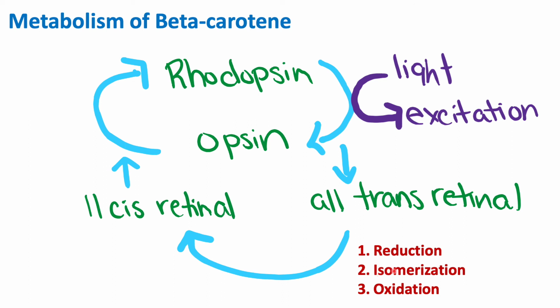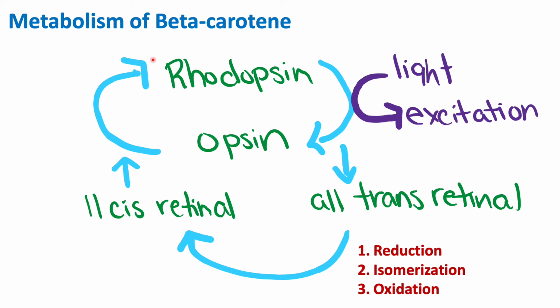Now, 11-cis retinol will then be oxidized, so we'll be producing NADH, and the 11-cis retinol will be converted into 11-cis retinal. Now, when 11-cis retinal and opsin come together, we have rhodopsin, the visual pigment. And once we see that visible light energy being absorbed, we then get the end result, which is excitation to the brain and the signal transmission.